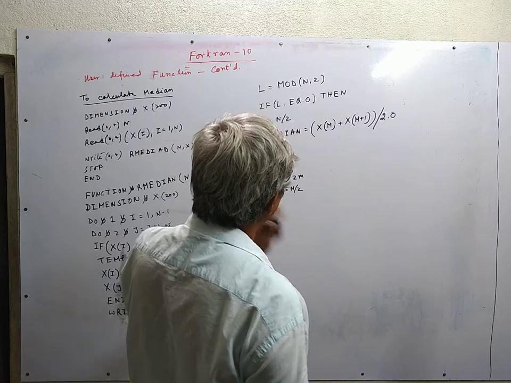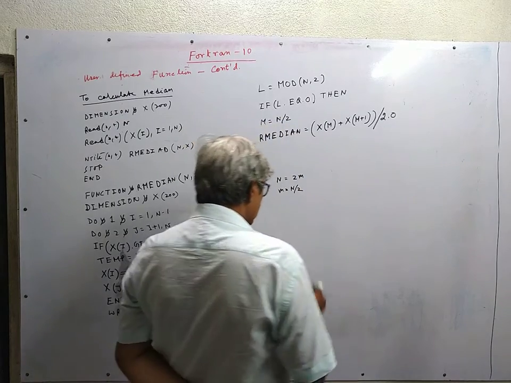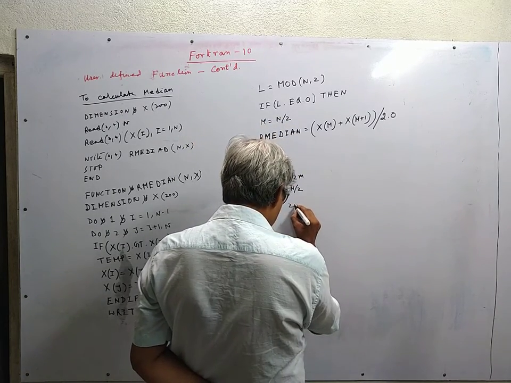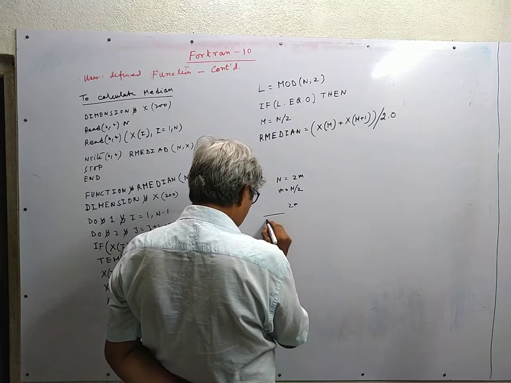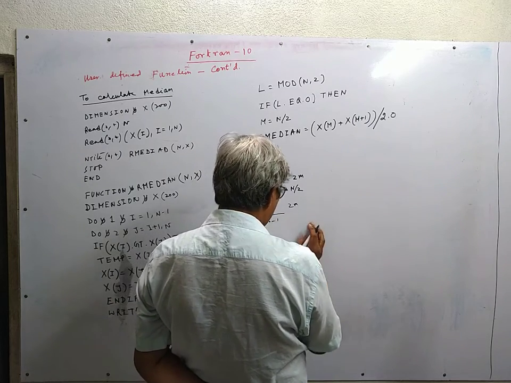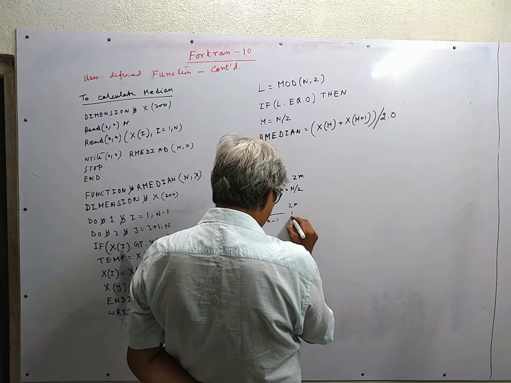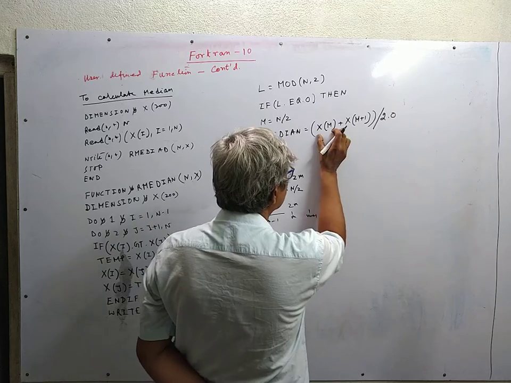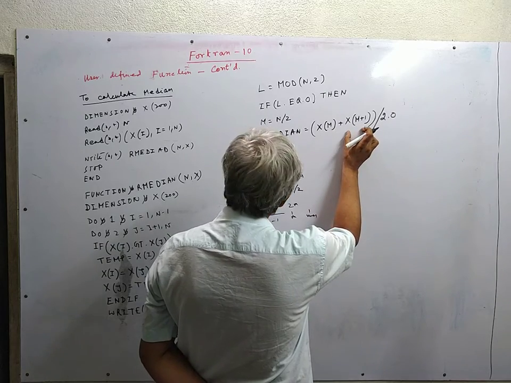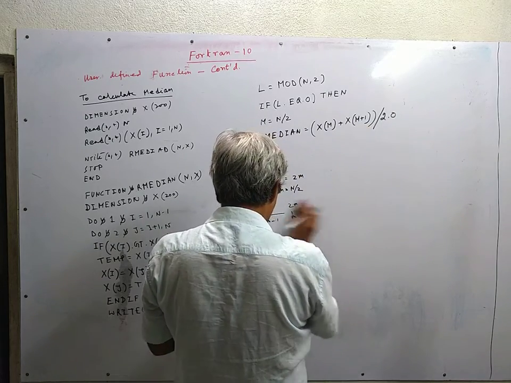So there are 2m data, so we leave m minus 1 from the left and m minus 1 from the right. So the middle numbers of data are the mth data and the m plus 1th data after the sorting.